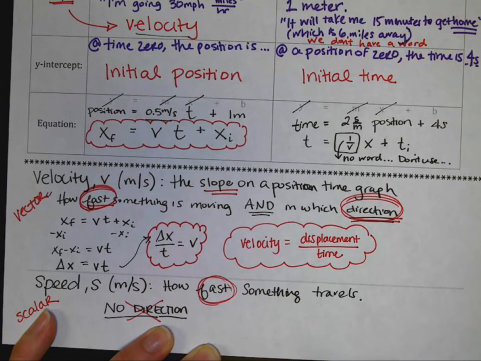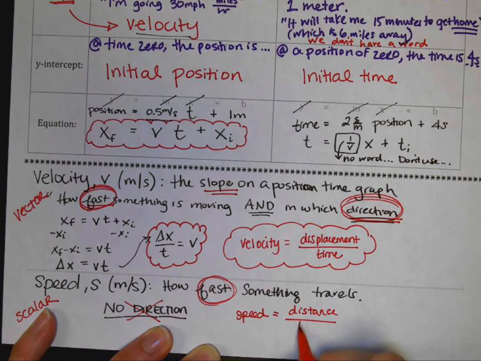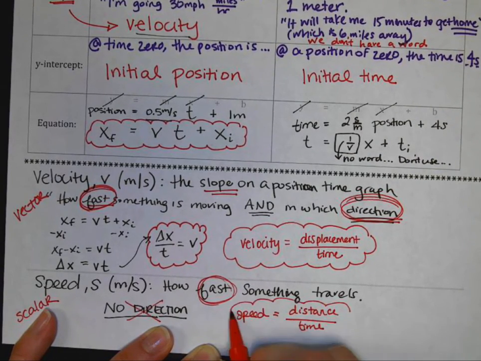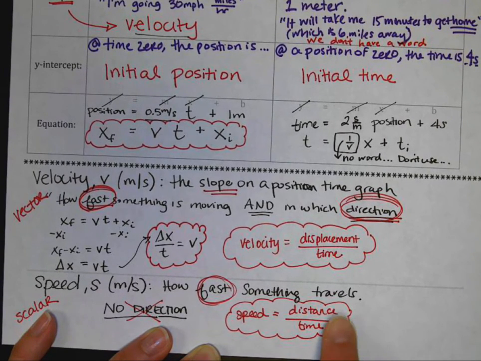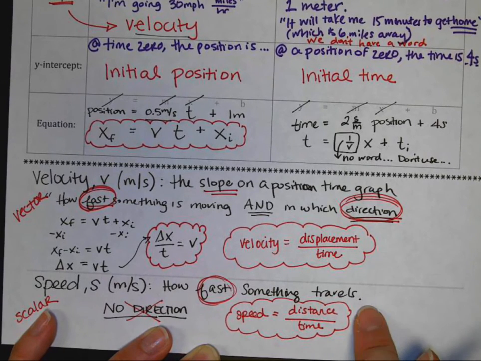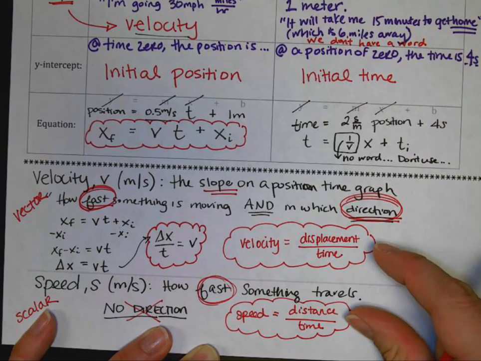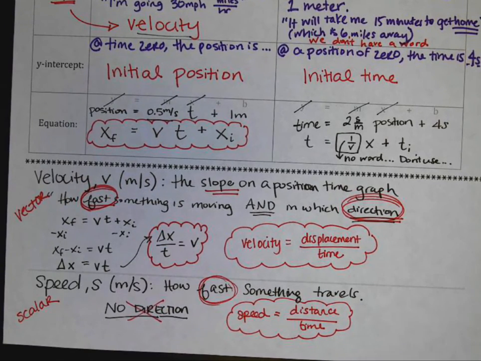For speed, this is an equation we derived, but it's something that you've probably learned in the past. Speed is equal to distance over time. The difference here again, distance is not a vector, it's a scalar. So no vectors over here, speed still ends up being a scalar. So scalar, scalar, scalar. When I look at these two equations, I see the difference is really in displacement and distance, therefore causing velocity and speed to be the answer.